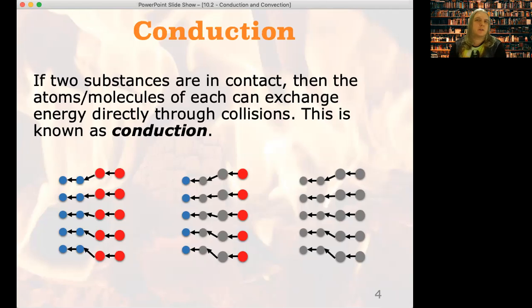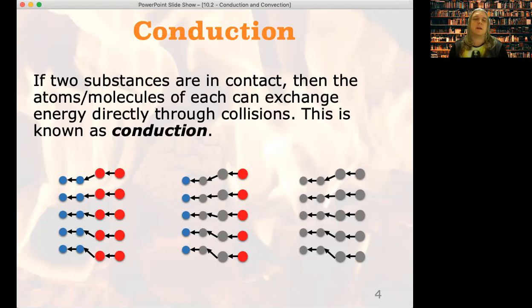But we've still got these red particles that are hotter on, in this case, the right-hand object. And now they're next to particles which are a little bit cooler, the grey ones that have lost some of their energy. So those red ones will give some of their energy to their neighbouring grey ones, which would make them slightly hotter than their neighbours, so they'll pass it on, and those ones are slightly hotter than the next row of atoms or molecules in the solid, and they would pass that on. So in that way, through those collisions, they're just always passing energy to their neighbours, and it just travels along right through one object into the other.